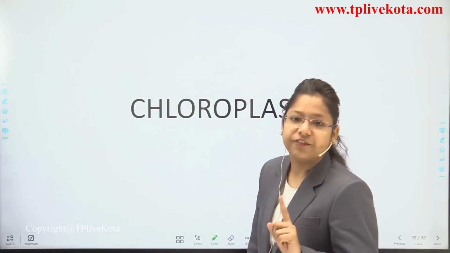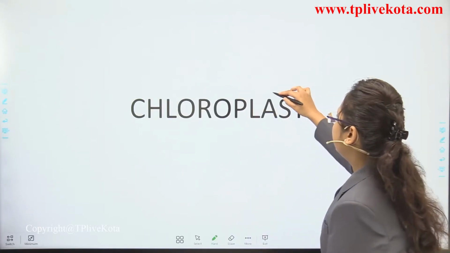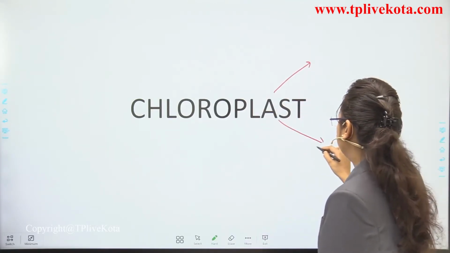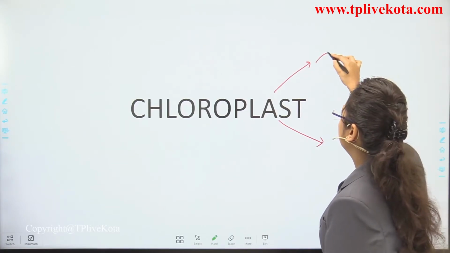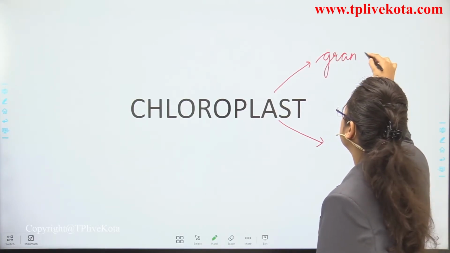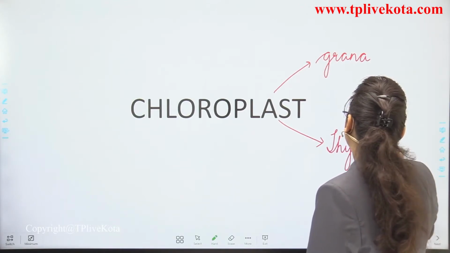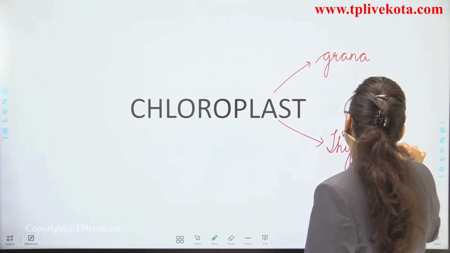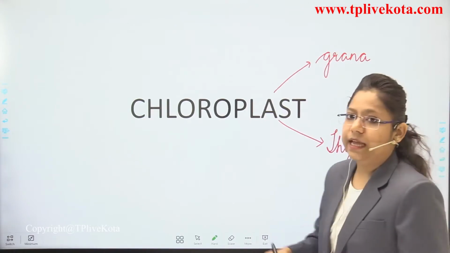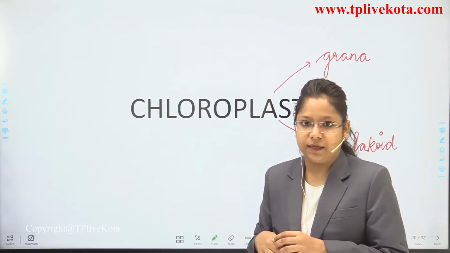You should not forget these things because we have read them very carefully. The chloroplast contains two basic things, the grana and the thylakoid. The thylakoids are stacked over one another to form grana, and these are interconnected through the intermembrane.